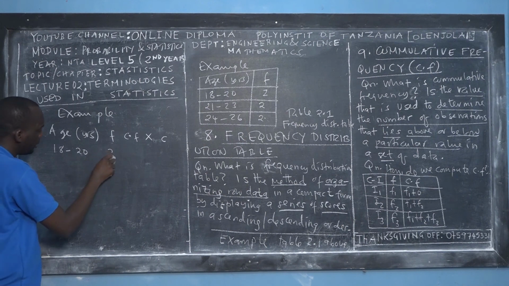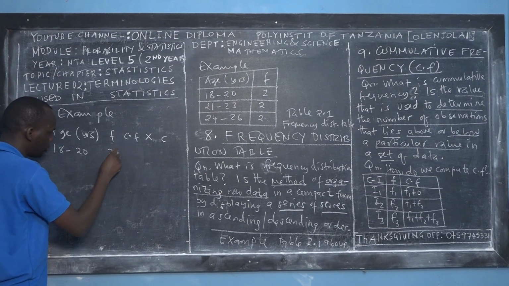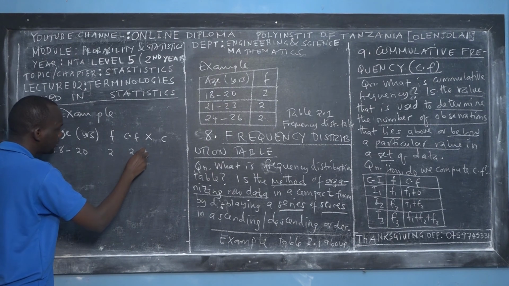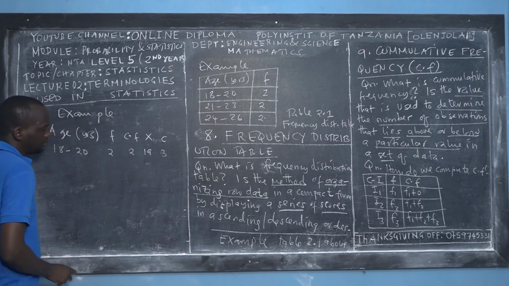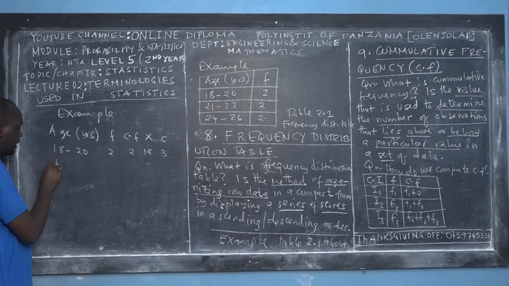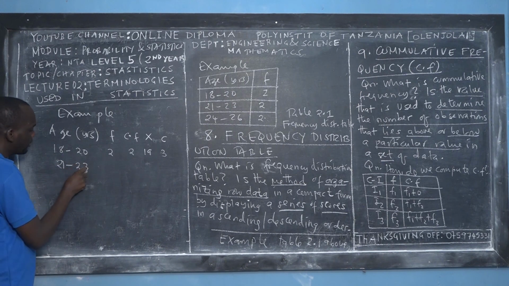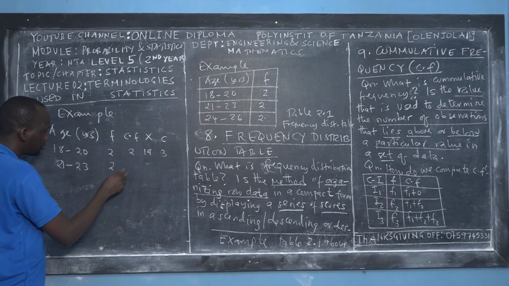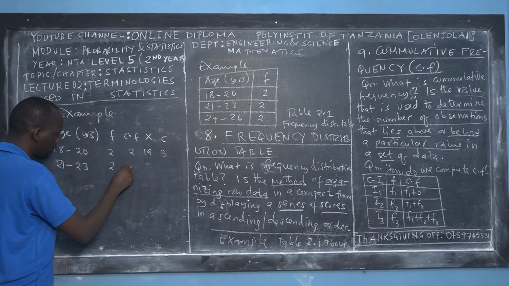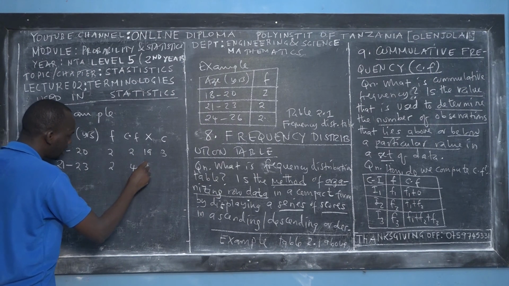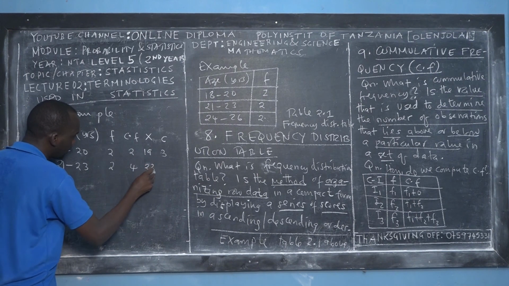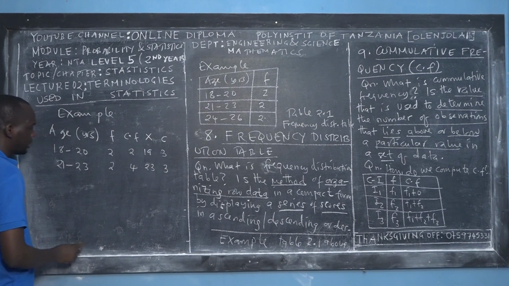The frequency is 2, the cumulative frequency will be 2 plus 0, which is 2, the class mark is 19, the class size is 3. Then the next class interval, the frequency is 2, the cumulative frequency will be 2 plus 2, which is 4, the class mark is 23, and the class size is 3.